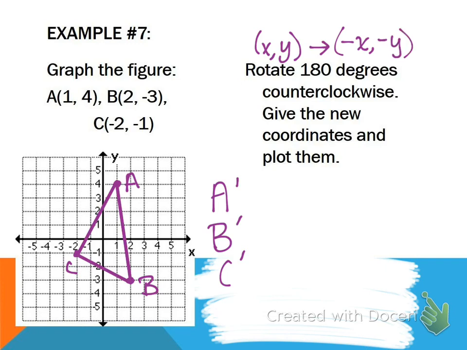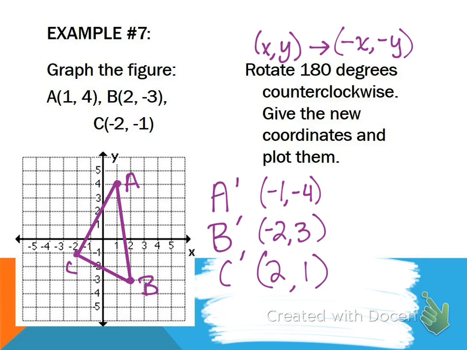If they were negative, they become positive. So my new coordinates for A prime are -1, -4, B prime -2, 3, C prime 2, 1. Good. I'll switch colors to graph those points.